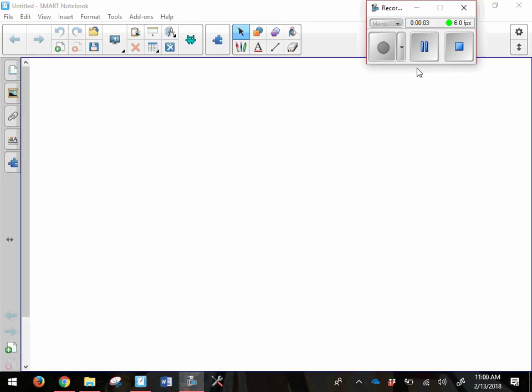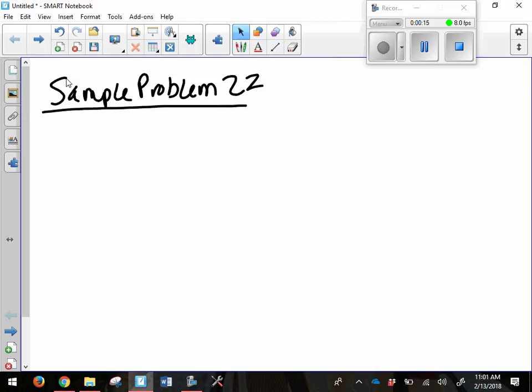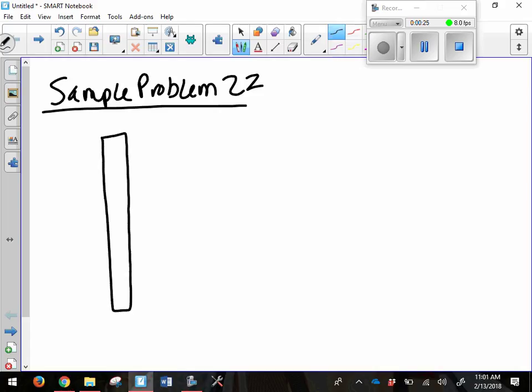All right, so we were working on that problem, sample problem 22. And we had the massive shield door at Lawrence Livermore Lab, which I believe is in Berkeley.